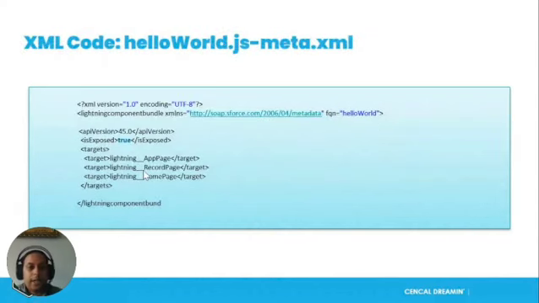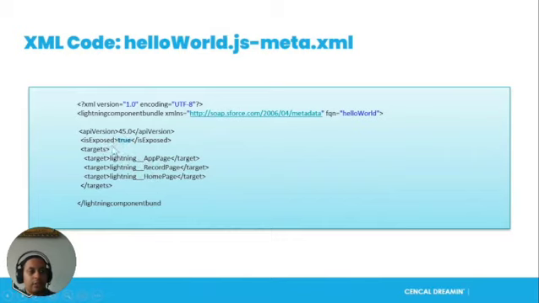And this is my helloWorld.js-meta.xml. Here I put where I want to show my Lightning Web component. In this example, I want my Lightning Web component to be available on a record page, home page, or app page. If, for example, I want to display my Lightning Web component only on a record page, I only need to put this line, target lightning__RecordPage.